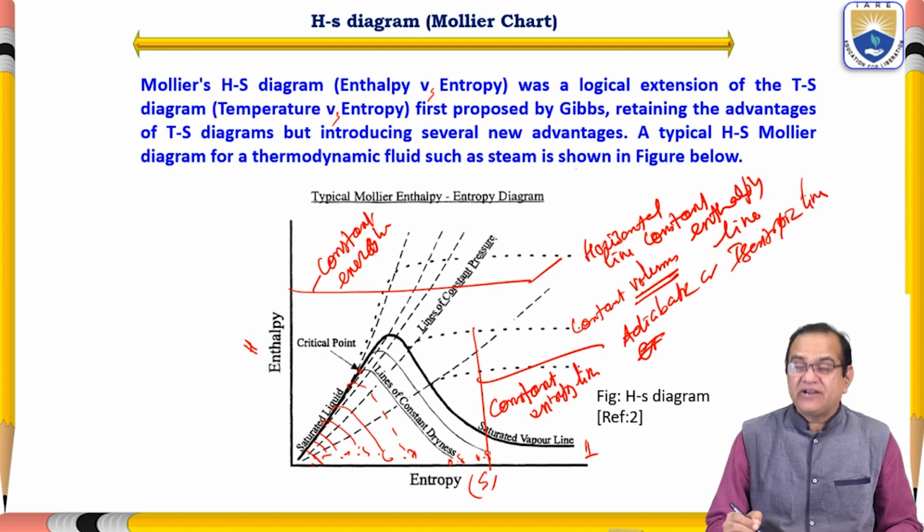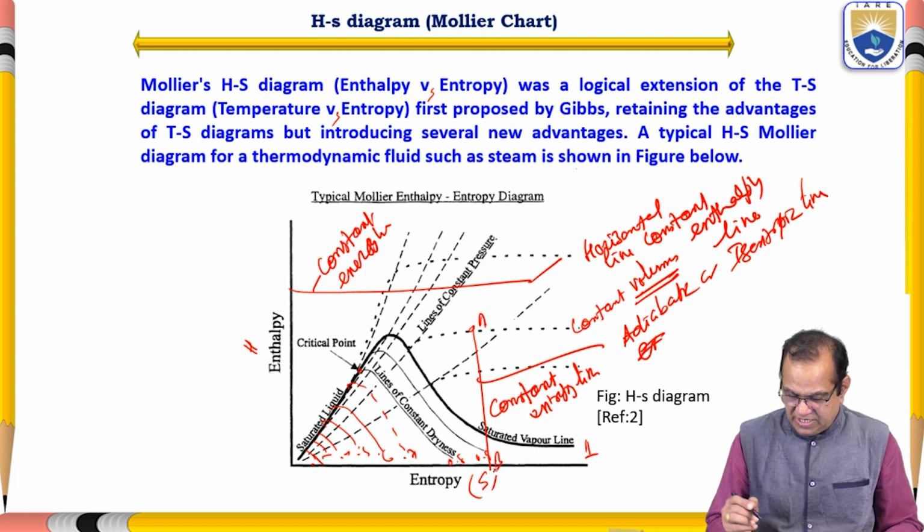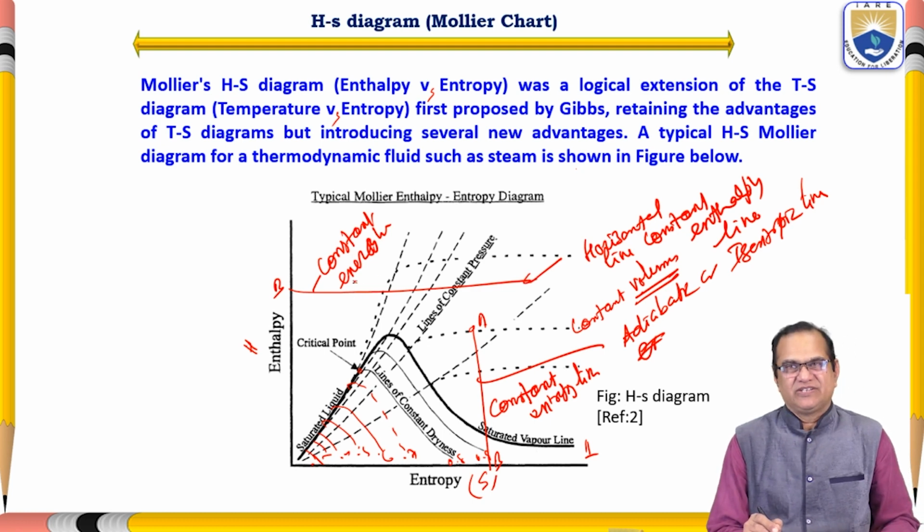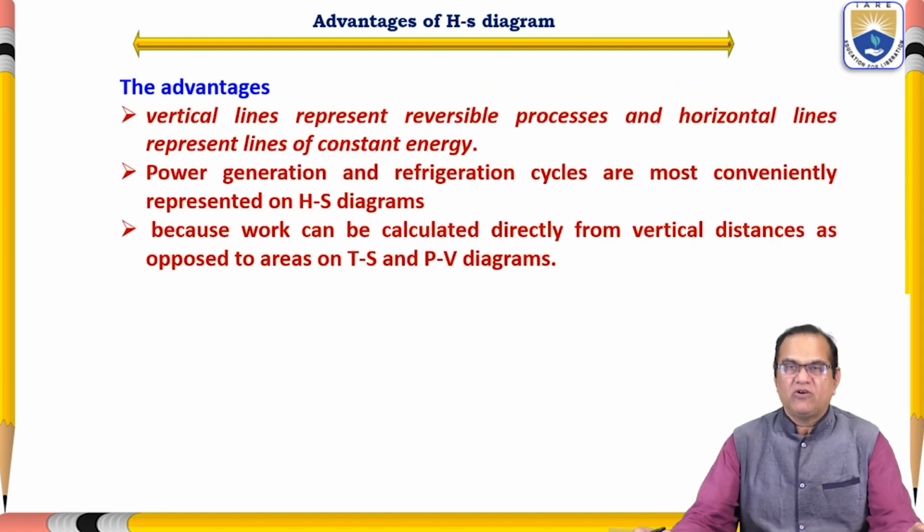Here the entropy remains constant on the vertical line. From A to B, entropy is constant, and from B to C, the enthalpy is constant. Like this you can find out.